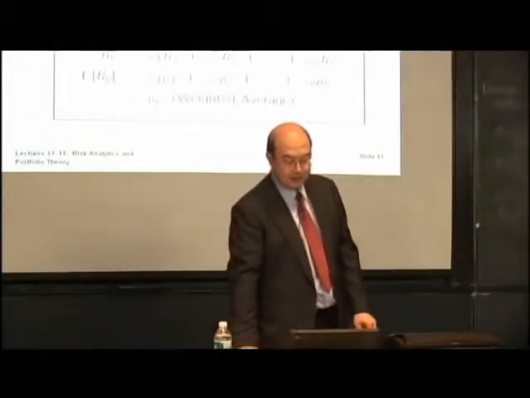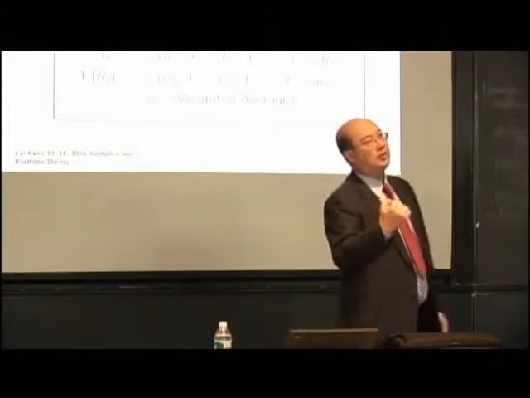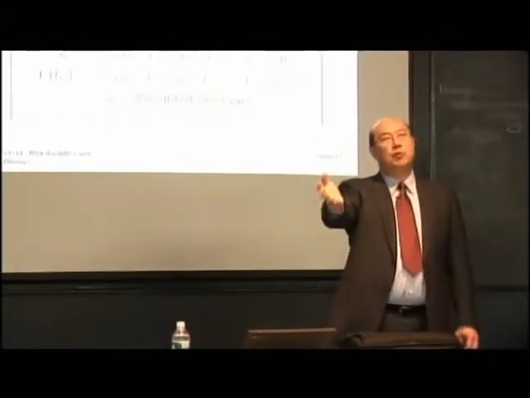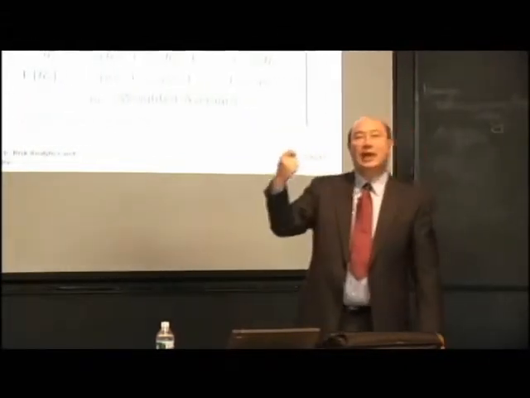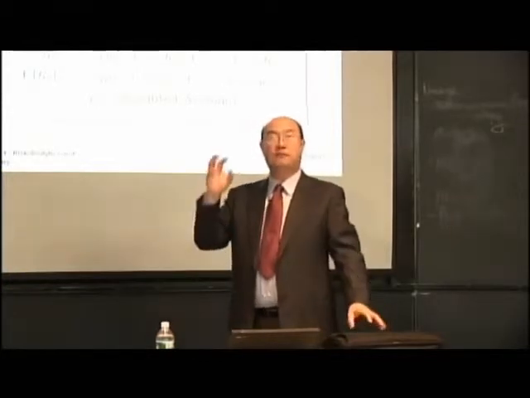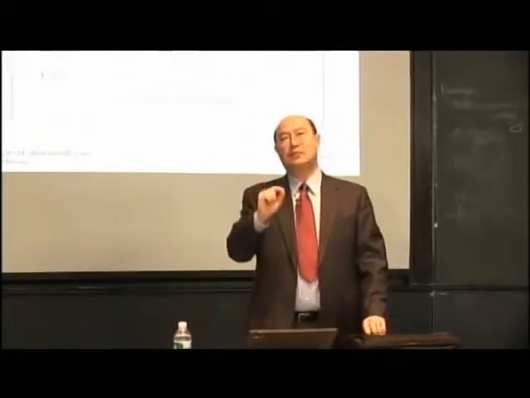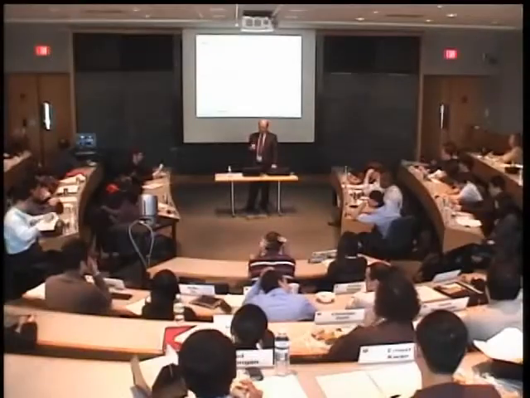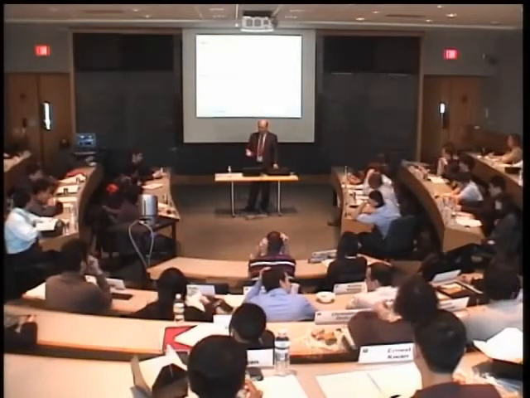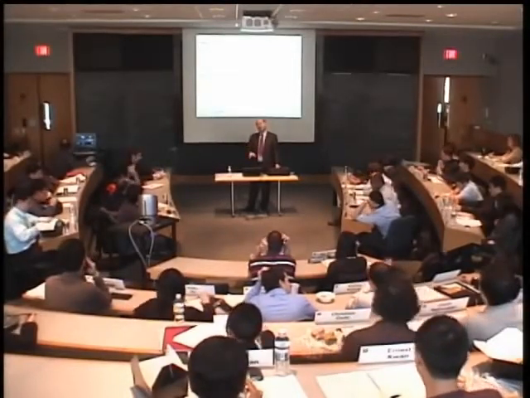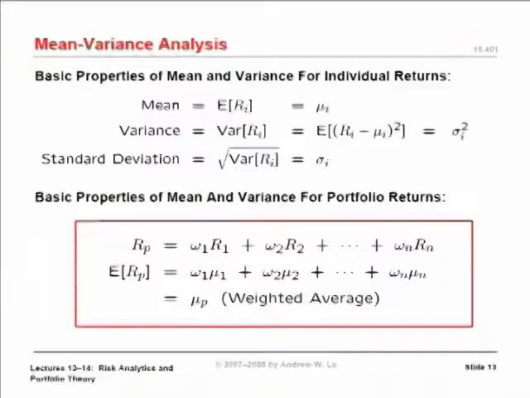The analysis is to ask the question, all right, what are the properties of mean and variance for a given portfolio, not just for an individual security? So it turns out that there's a relatively straightforward way of answering this. And let me just go through the calculations, and then we can see what that implies for where we want to be in that mean standard deviation graph.